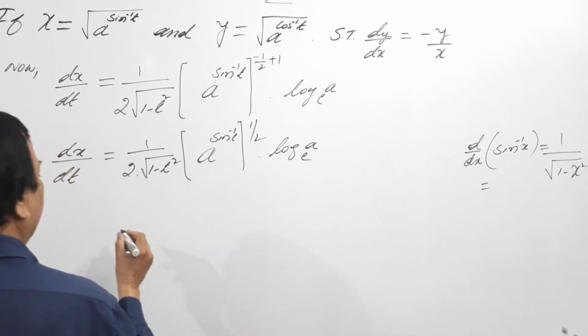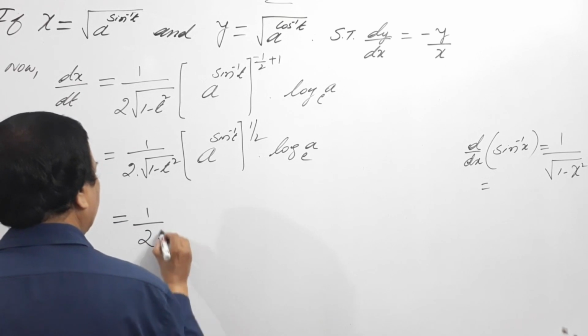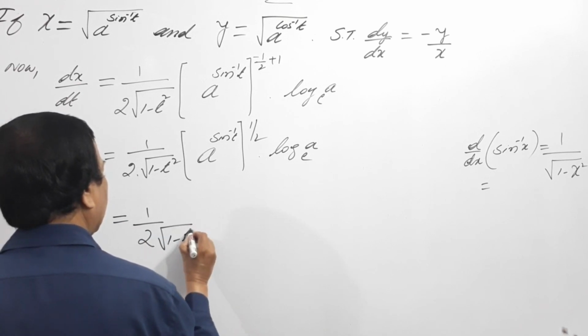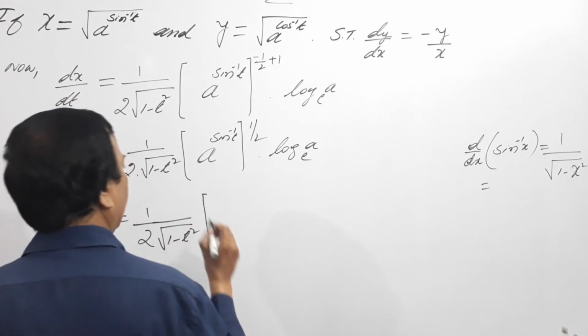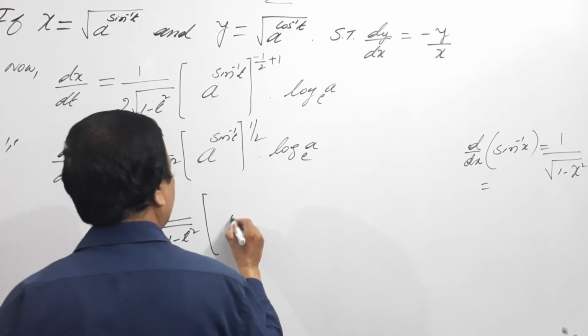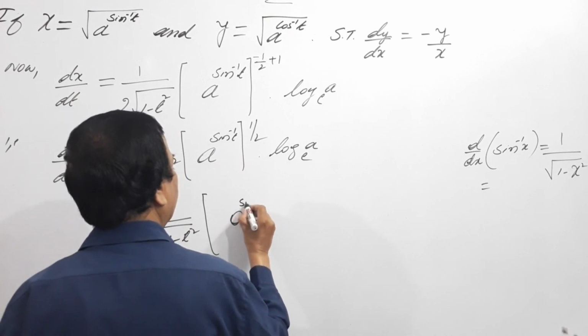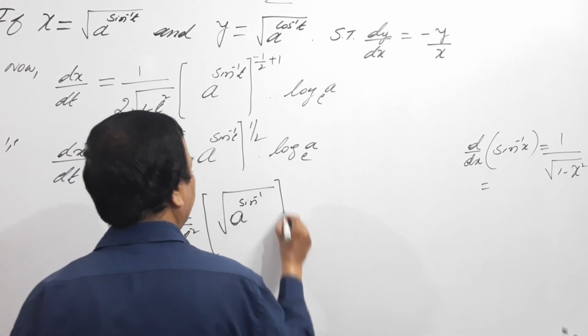So what I do is I'll simplify this. This is half into under the root 1 minus t square. I'll write this. What is this? This is a to the power of sin inverse t, half I'll put it as bracket.